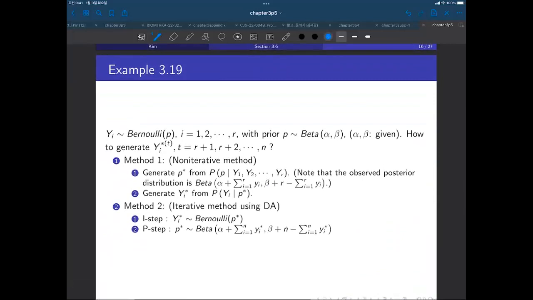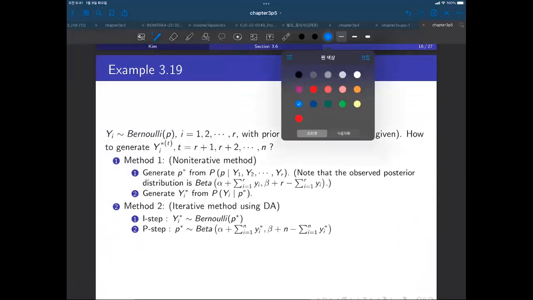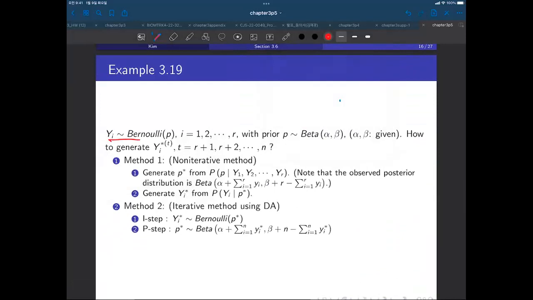So this is a toy example, but let's take a look. Y is Bernoulli, P is beta, alpha and beta known. This is actually univariate.